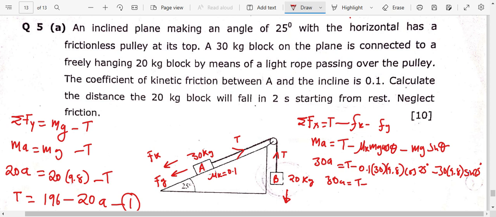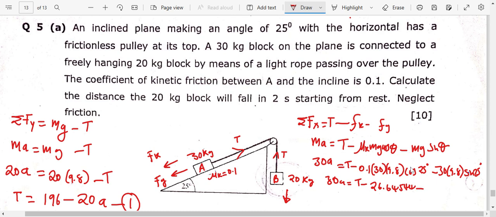But I'll continue. Minus, we have 30 multiplied by 9.8 multiplied by sin 25. So let me punch it one more time. Instead of just punching directly, let me first write what I found here so that I don't confuse anything. That is negative 26.64544.